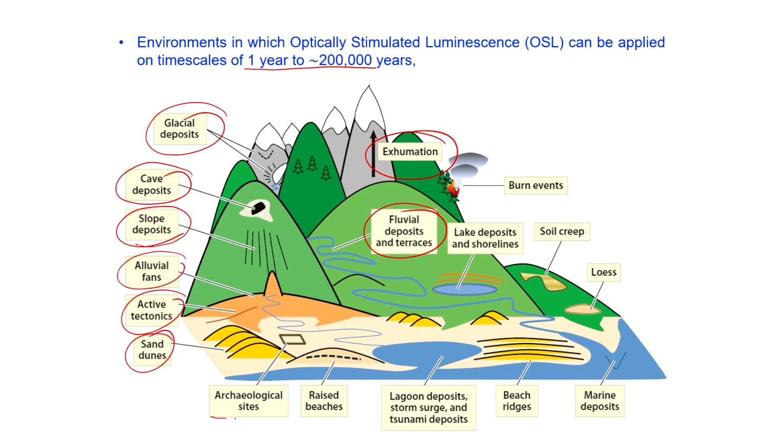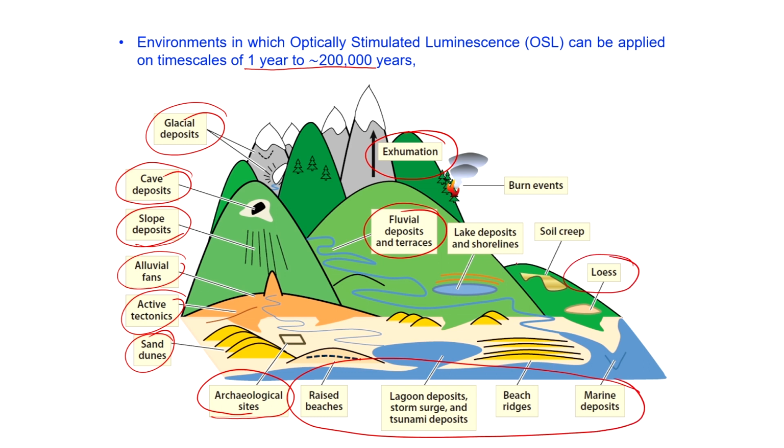And even, as I told, people initially started using it for archaeological sites. And this is all the marine environment. The desertic environment also you can use, and lacustrine, lake deposits. So, you can see the very wide application of OSL ages.